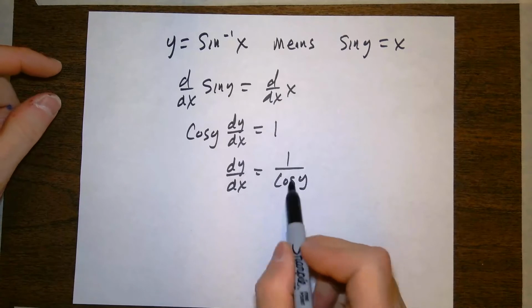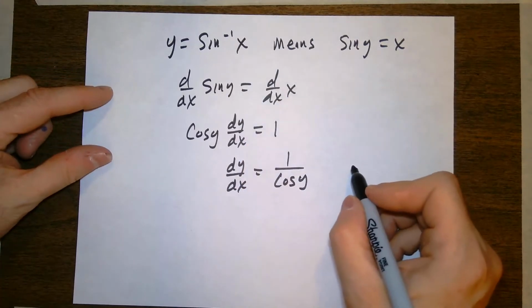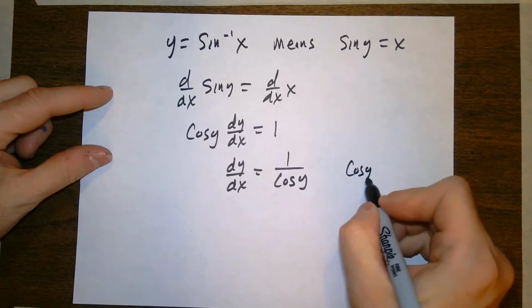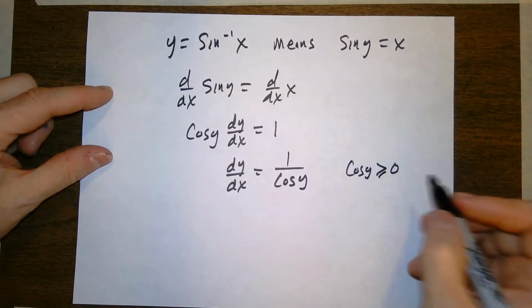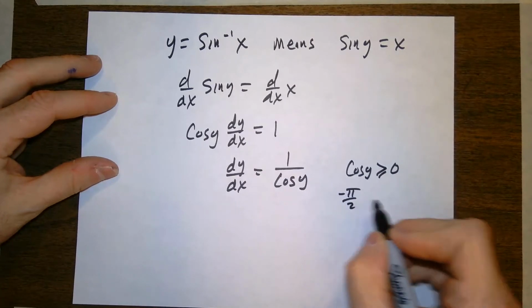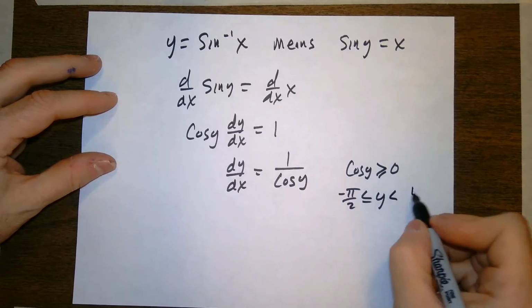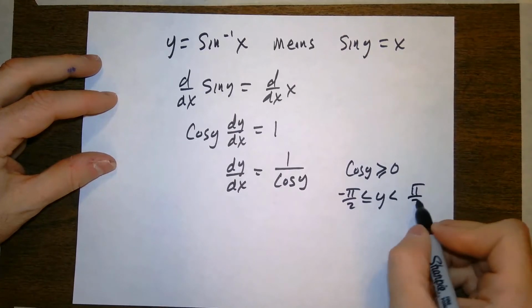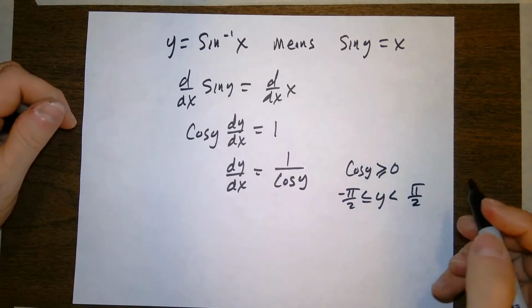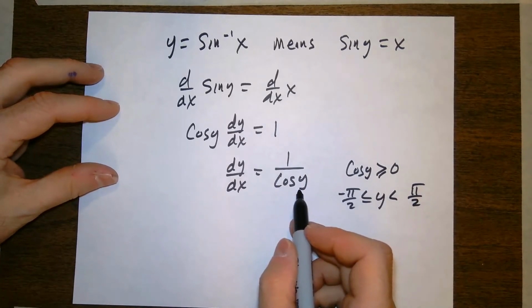Now, what's going on here with cosine? Because we're doing inverses here, you've got to remember that the cosine of y is going to be greater than or equal to 0. Why? Because for inverse sine, we know that y is going to be between negative pi over 2 and pi over 2. So let's take a closer look at cosine of y here.